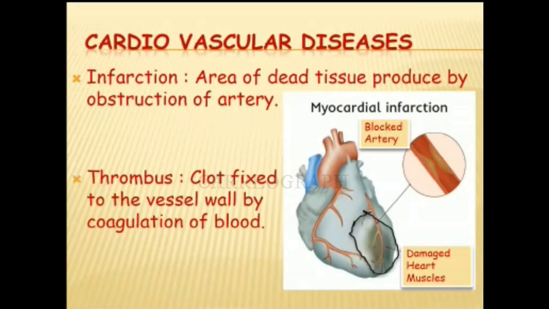Friends, myocardial infarction is also a cardiovascular disease. In myocardial infarction, we have an area of dead tissue produced by obstruction of arteries. This obstruction of arteries can be due to atherosclerosis or due to thrombus formation. A thrombus is a clot fixed to the vessel wall by coagulation of blood.